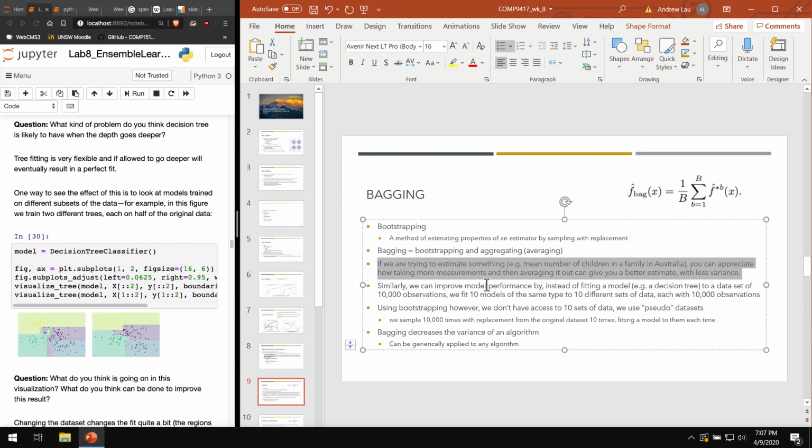In statistics, there's a concept that intuitively, as you increase the sample size, your estimate should get better. A toy example: let's say you're trying to estimate the mean number of children per family in Australia. I think it's like 2.5 or something.